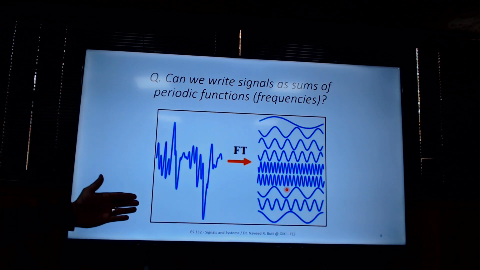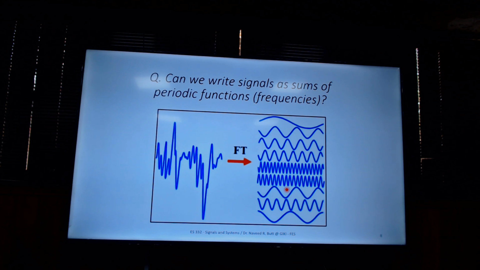I have drawn only a few of these. You could make many more, increasing the frequency and decreasing it. These are the components of the signal, which we haven't built yet. But what we are saying is, I want to write this signal in terms of a pool of sinusoids, eigenfunctions, basically.